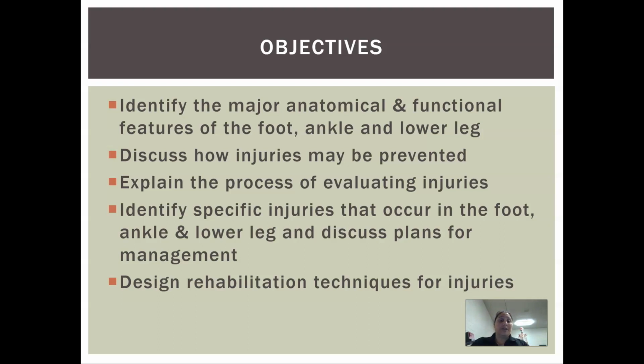We will also explain the process of evaluating injuries. From some of our last lectures, you guys have already learned that we want to be methodical in our evaluation and not jumping around from one thing to another. That way we don't miss anything.